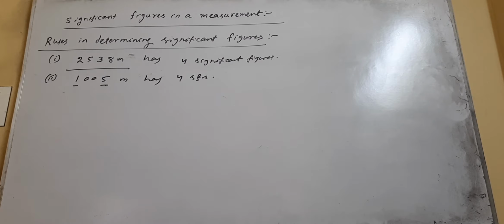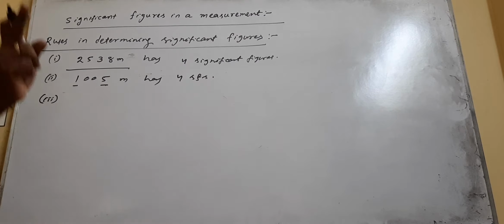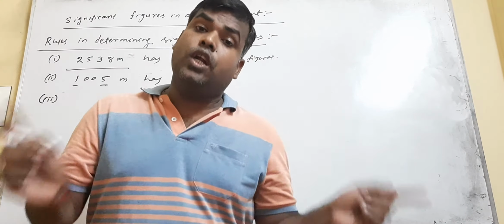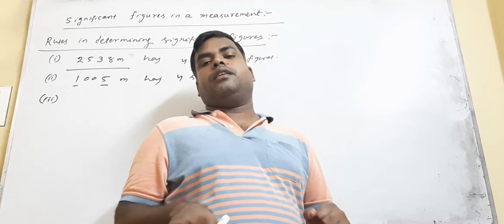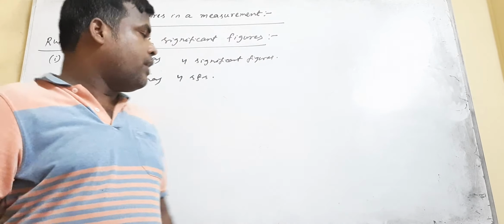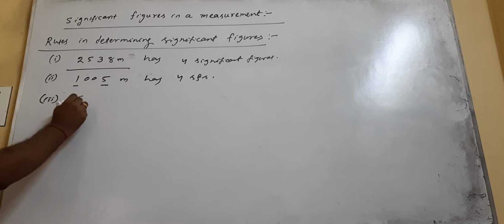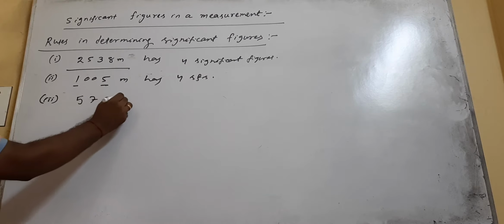Now come to the third one. The final zeros, that means the zeros after the last non-zero digit, are significant or not? That depends upon the least count. For example, 5700 centimeter.